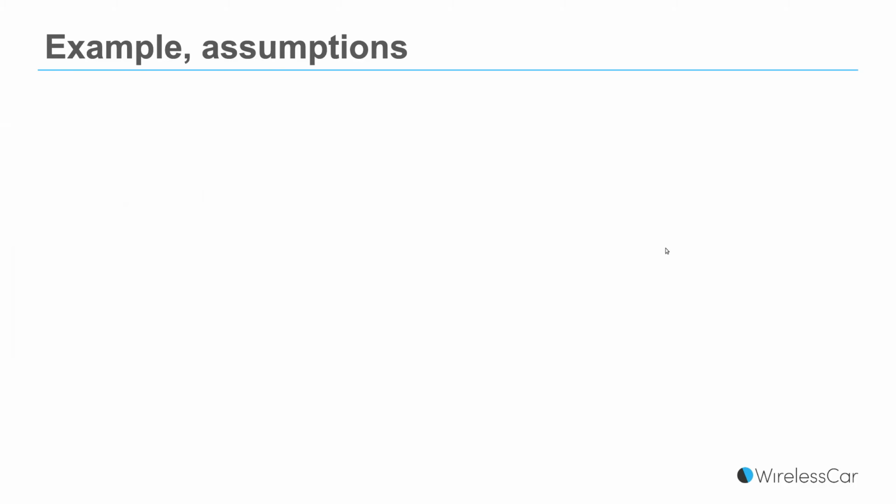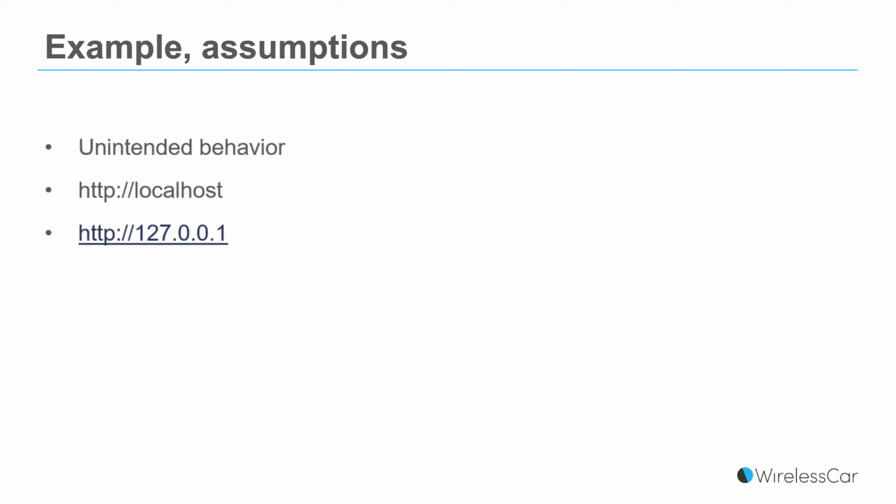One example of these assumptions for unintended behavior is this domain name. This domain name is pointing to your local computer. It's a special one, and it has a special IP address. The point I want to make here is that you assume that IP address looks in a specific way.